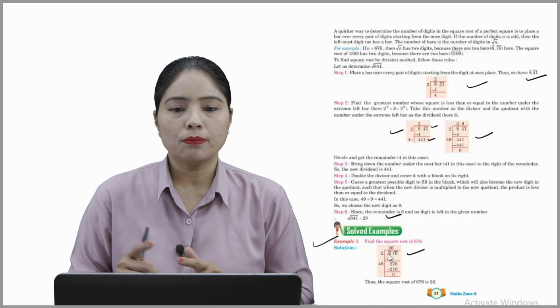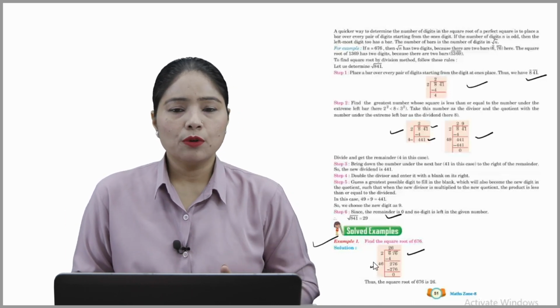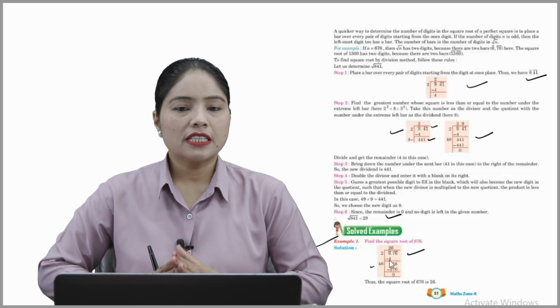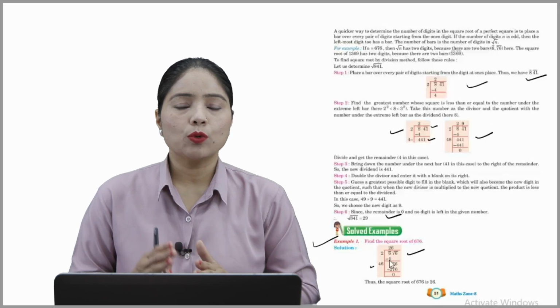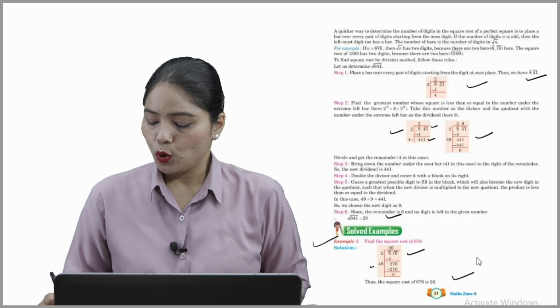So now it becomes 276. The double of 2 is 4. Now we see that 46 6s are 276, and after subtracting, the square root of 676 is, yes, 26. Hope you understood well.